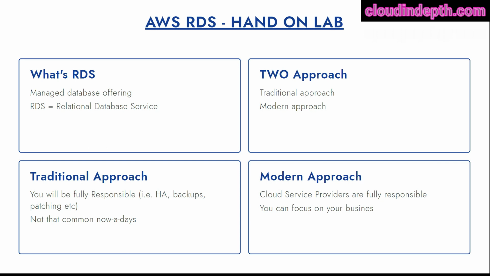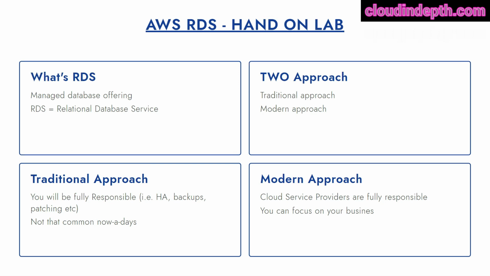And AWS RDS is a service like that. High availability, backups, patching, everything will be managed by AWS themselves if you go with AWS RDS, right? You do not need to worry about managing the underlying infrastructure where the RDS is running, all right?